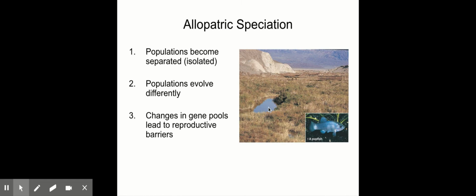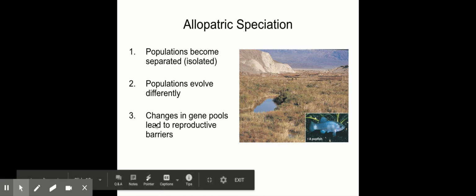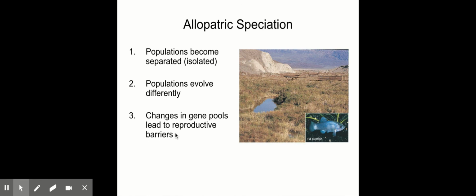And if that happens over a period of enough time, then that could lead to enough changes in the genetics of the population overall that these changes are enough to lead to reproductive barriers. Even if these fish were to come back together, they can no longer interbreed with each other. Now, I had mentioned the horse and the donkey earlier.